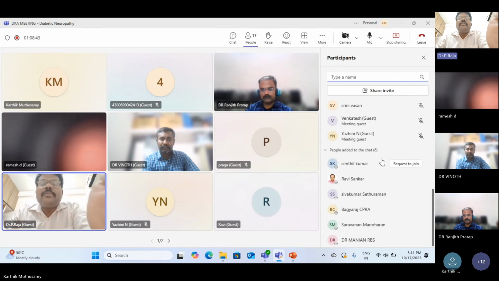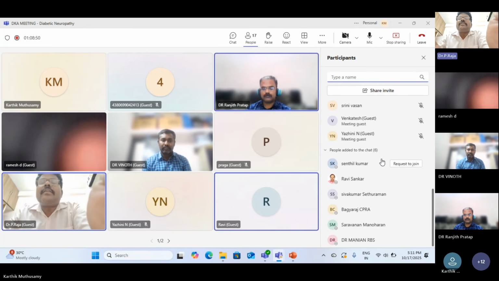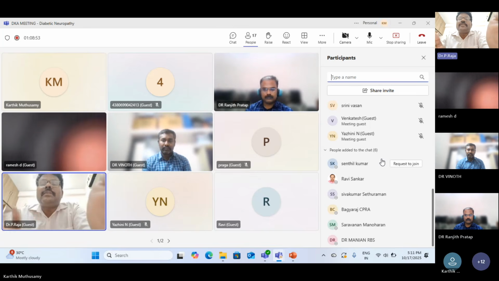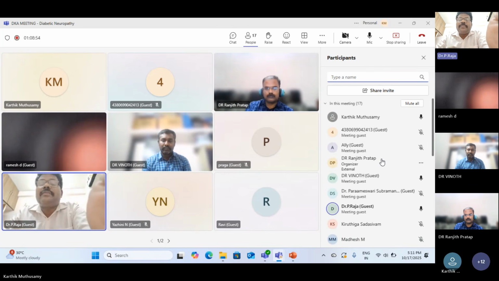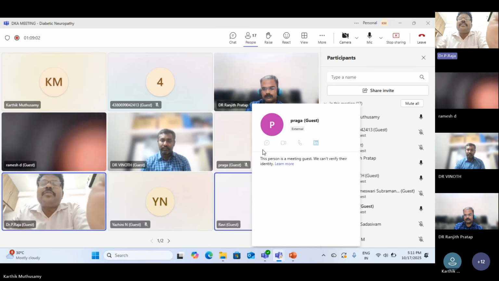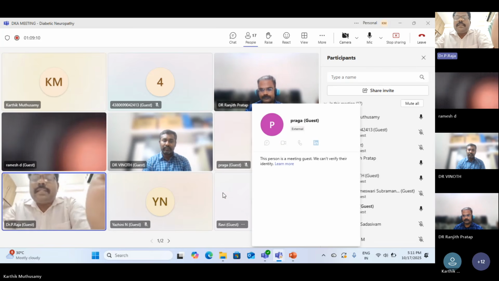And also all the speakers, like Dr. Bharat sir, he was wonderful. He explained everything about physiology, epidemiology, pathophysiology and types of diabetic neuropathy. And Ramesh, he was my student in Raipeta when I was working there. He wonderfully explained the medical management.